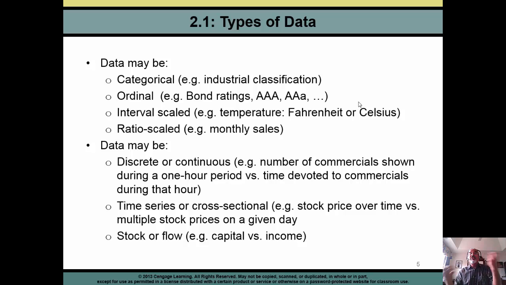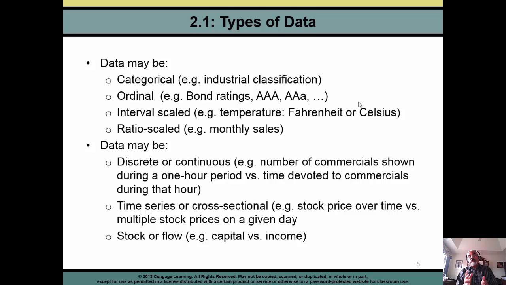So these are defined by somebody arbitrarily. Whereas if you're talking about monthly sales, 0 sales means no sales. It doesn't matter who is defining it, it's always 0. So 0 has an absolute meaning that is not relative, and that would be ratio scaled.